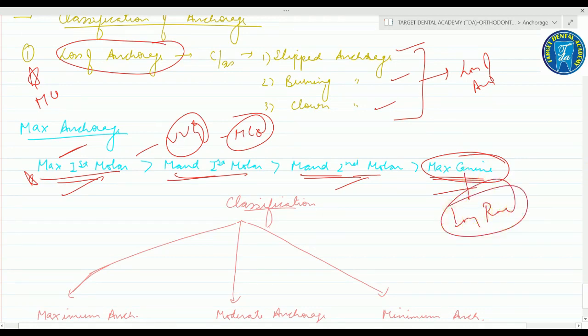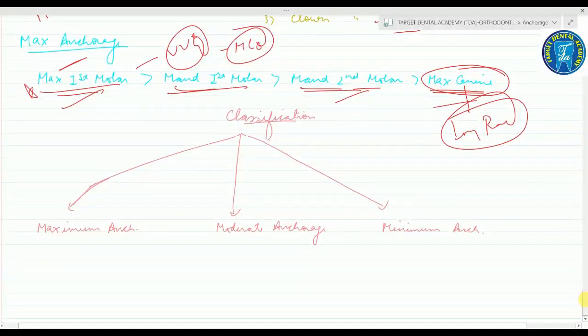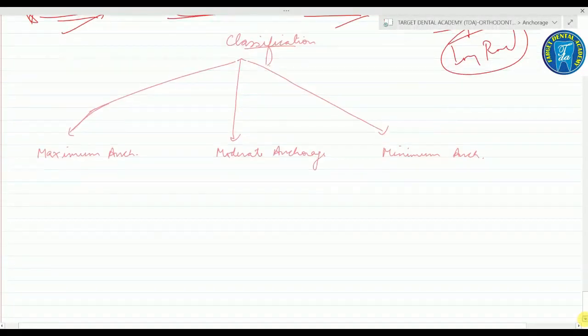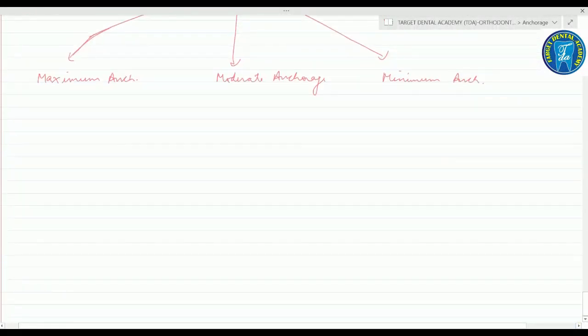Right? Lastly, the classification. See, in this we have the maximum anchorage, the moderate anchorage, and the minimum anchorage. I'm just drawing a diagram.